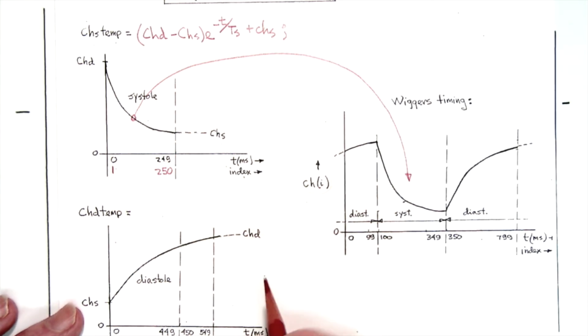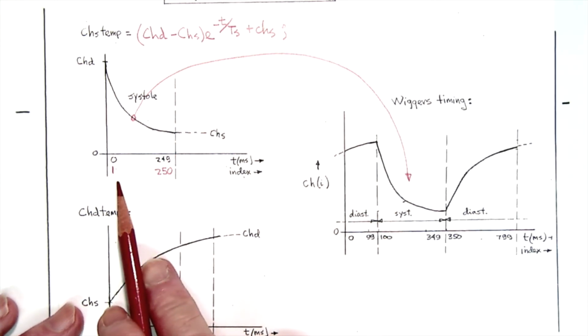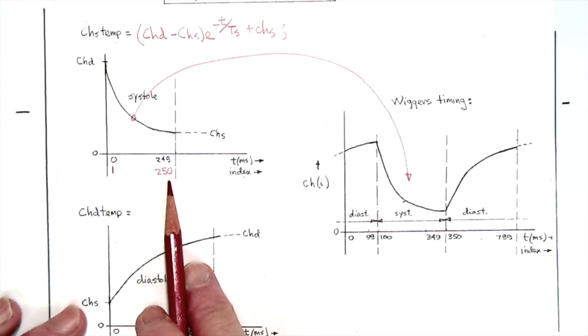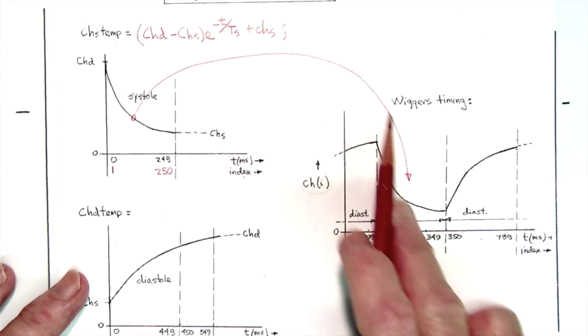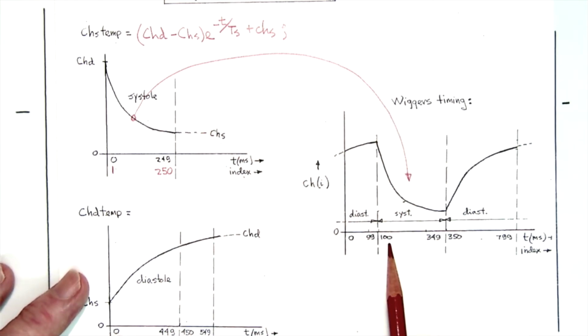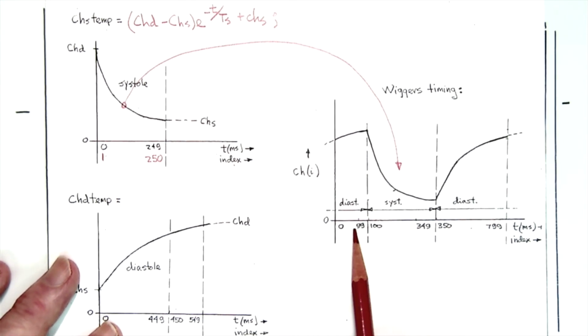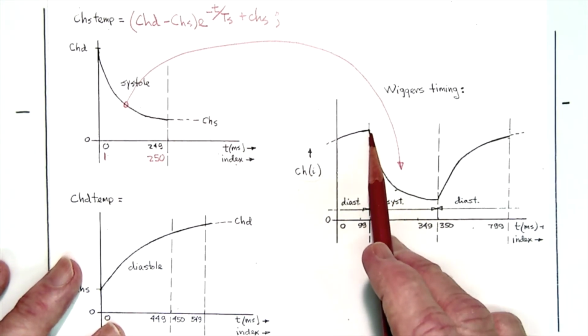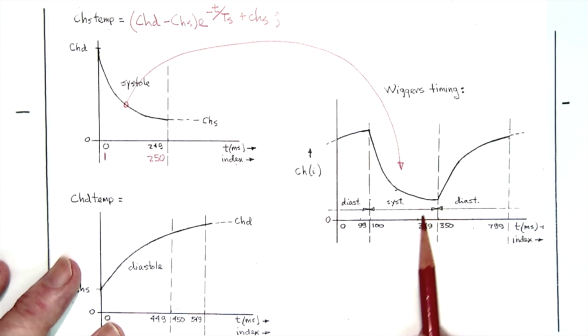Write that in on your help sheet here. And then we go in over here, and we say we want that to be in the spot of the Wiggers diagram, this systolic drop right here. Now that goes in the Wiggers diagram between 100 milliseconds and 349 milliseconds for a total of 350 milliseconds.